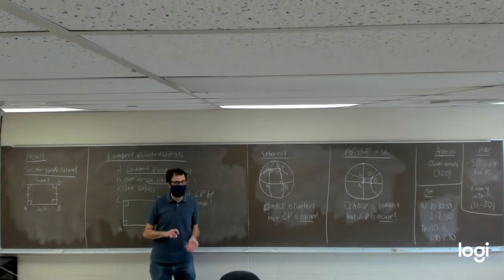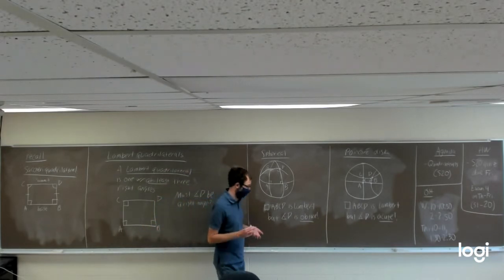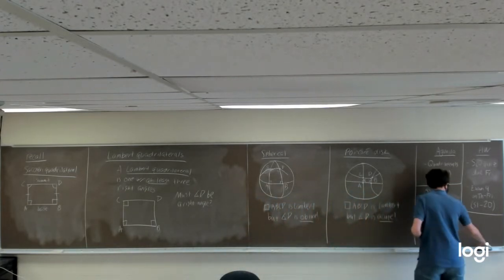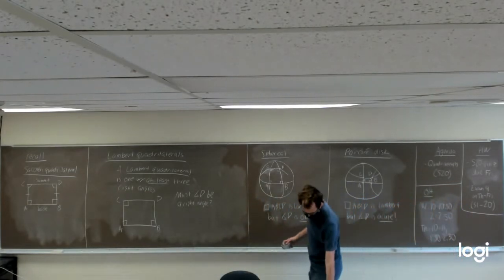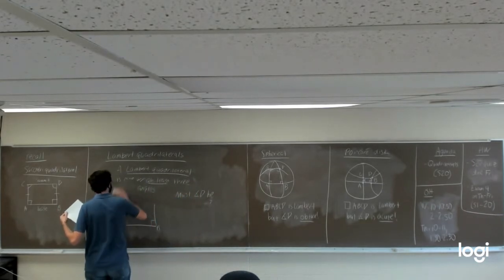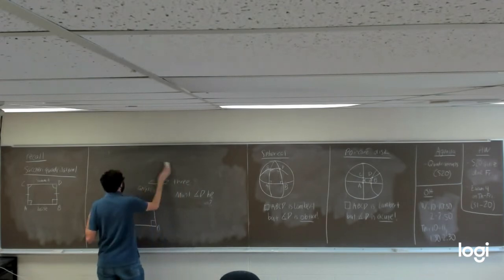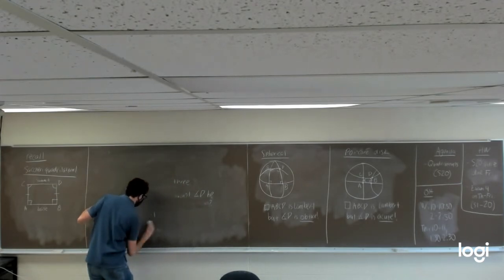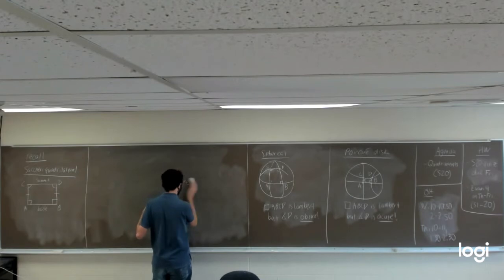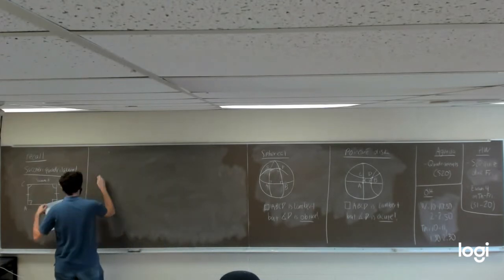So let's write some of this down. We can actually state some of this as propositions a little bit more formally. So first of all, I'm going to state a proposition about Euclidean geometry, Saccheri versus Lambert quadrilaterals. Treat this as a proposition.